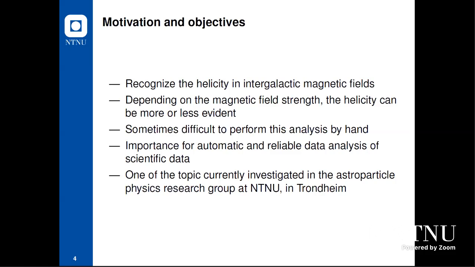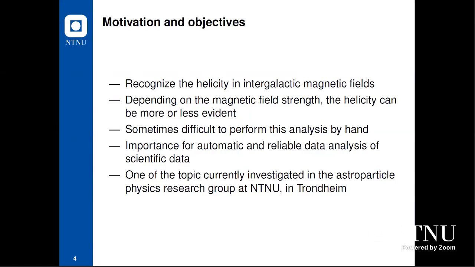In the next slides, I will show exactly what I mean by helicity. I think that images make it more clear. The problem is that for strong magnetic fields, the helicity is a property that can be observed in a clearer way.